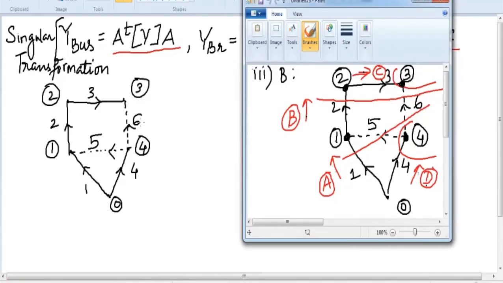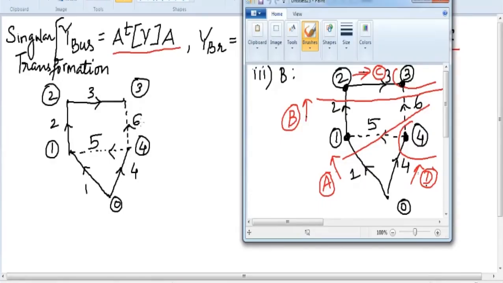Similarly, if we want to number the elements, try to give the branches the first numbers in sequence, 1, 2, 3, 4, 5, and the last elements should be links. Try to keep it like that. If not, then it's your choice. You can number the elements as per your choice and choose the branches and links according to the conditions. We have already stated the conditions.